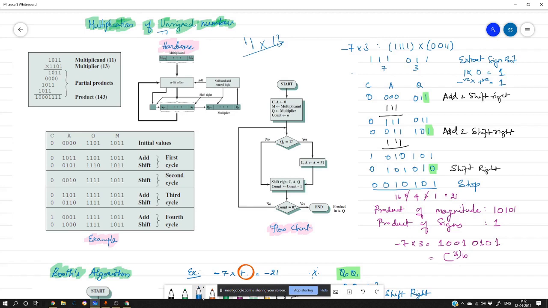Take this 3 and multiply with every digit in the multiplicand, and proceed with the next digit in the multiplier, shifting one position, and then do the multiplication and add. You take this 1 and multiply with the multiplicand, and you get the result as 143 in decimal. This is how you do decimal multiplication.